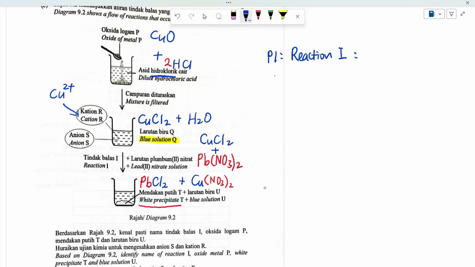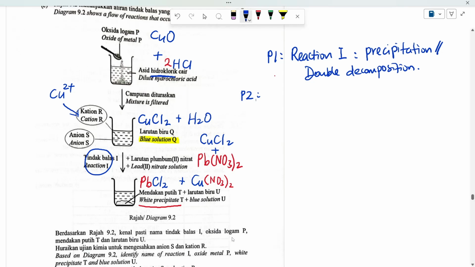What is this reaction called? Precipitation, right? Precipitation, or also called double decomposition.